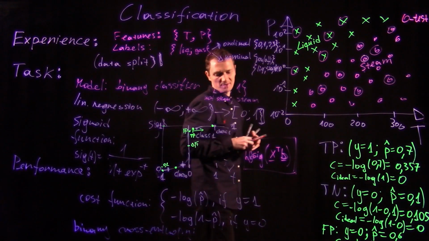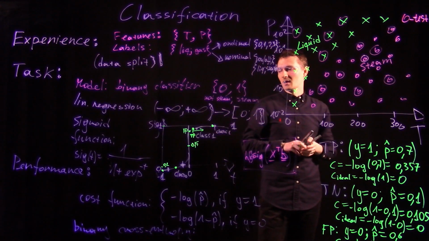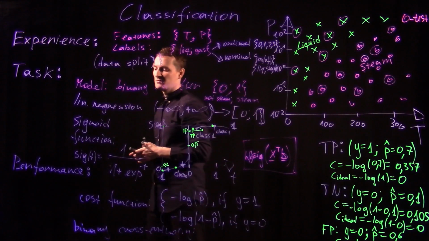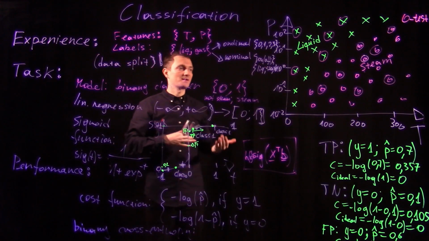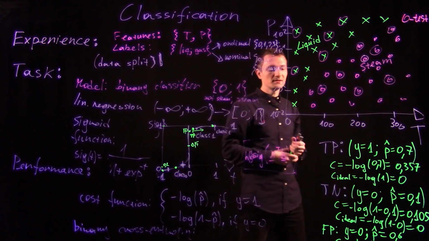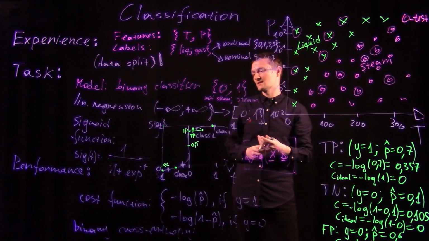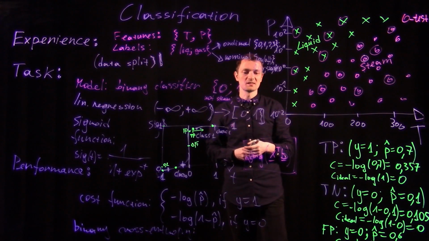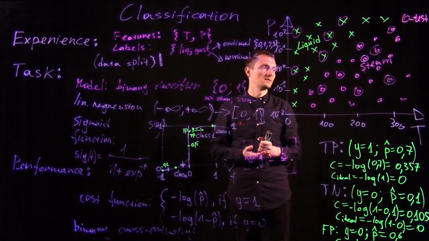Using this binary cross entropy, because we can also find the derivative of this function, we can also use gradient descent to find the parameters, as well as for linear regression. And in this case, that's exactly the target function we will use to optimize to find the optimal parameters B for our classifier.